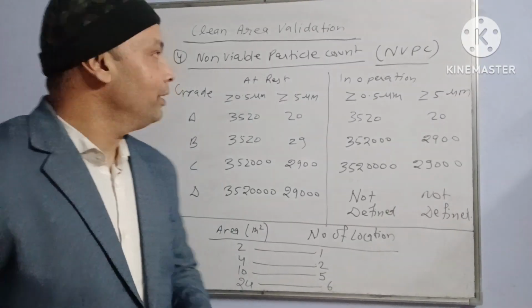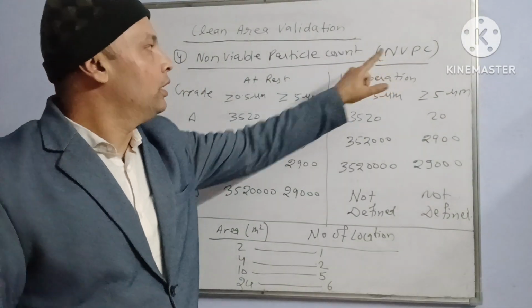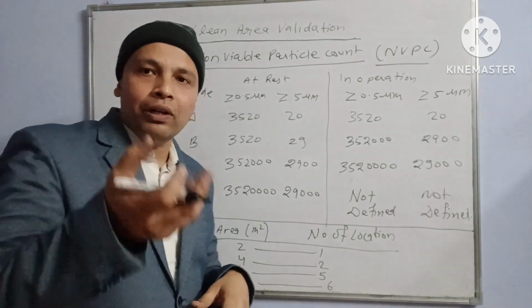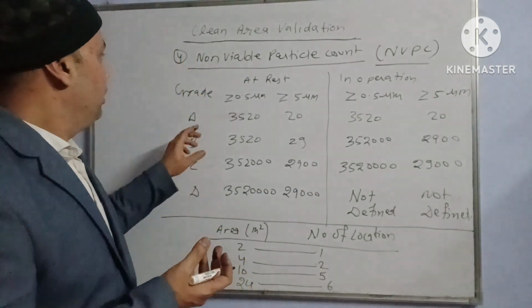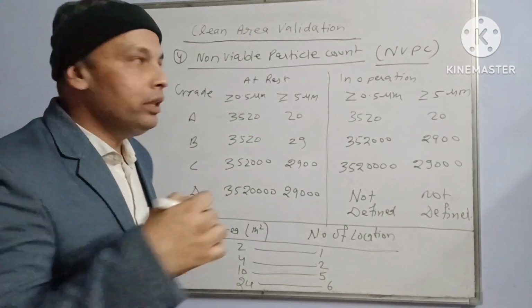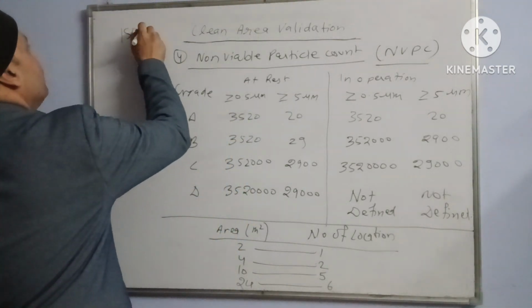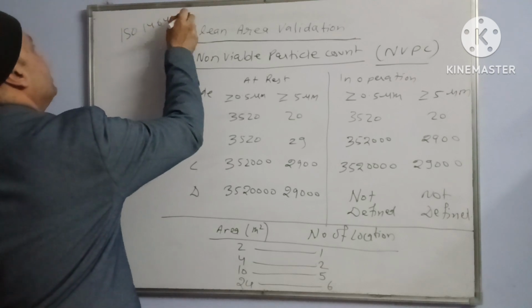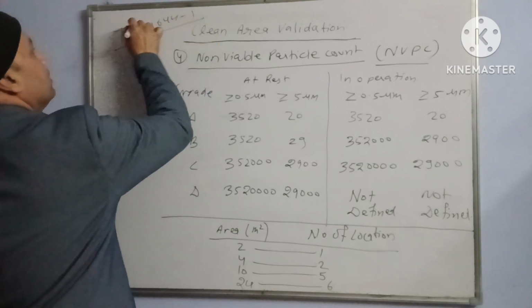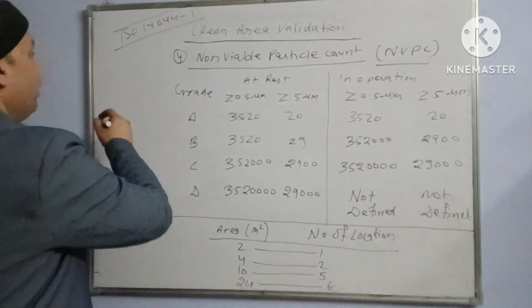Next test is the non-viable particle count test, NVPC, right? Non-viable means non-living. Actually it is defined in the ISO guideline, ISO 14644 part 1. All the area limits are given there.